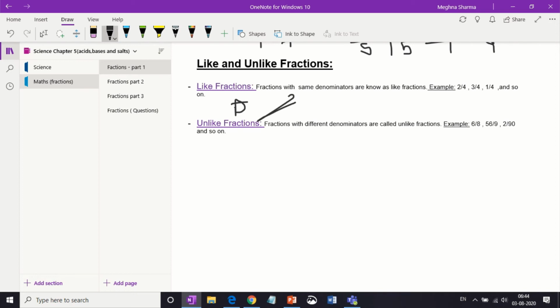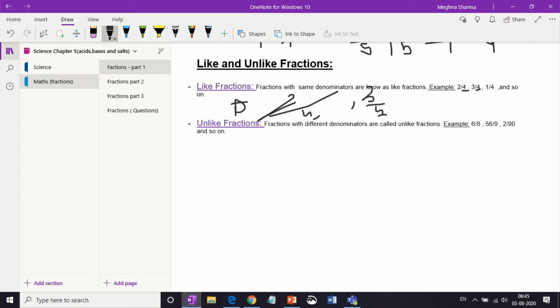2 by 4. See over here, 4 is the total number of parts. Now next is 3 by 4. Here also the denominator is 4.